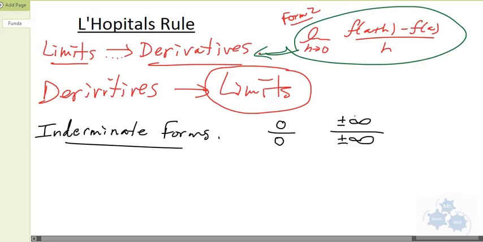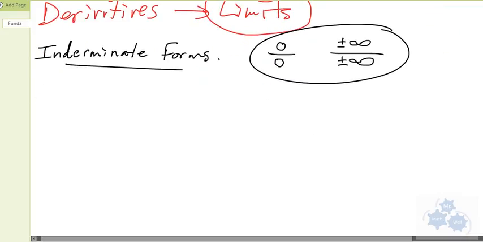Before, we would say these are just undefined answers. This is the situation where we're going to apply L'Hopital's rule, when we have indeterminate forms involving limits. So you inherently know what these are from this course, but these are now called indeterminate forms.